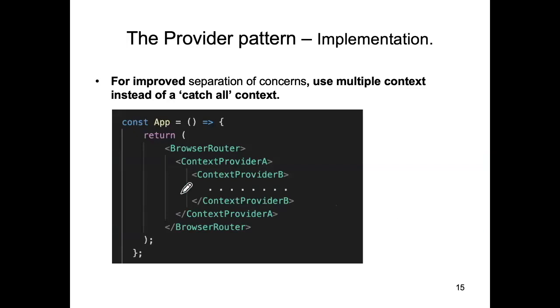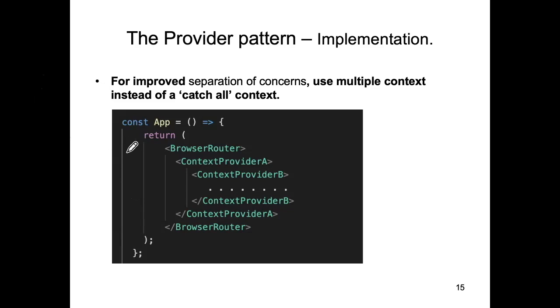There may be a number of different parts to this shared data that you want to make available to other components. And so rather than putting all of the data that needs to be shared into one context, what would be considered a better design is to have separate contexts for each particular aspect of the shared data. So having multiple contexts is actually a good idea.